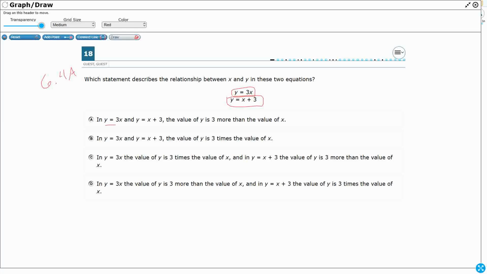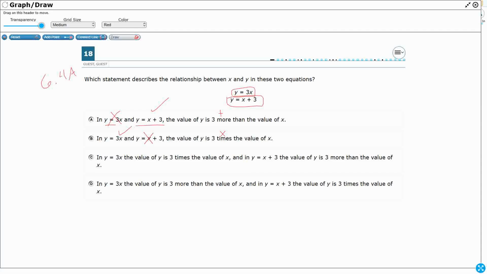In y equals 3x and y equals x plus 3, the value of y is 3 more. That's 3 plus. And that's incorrect. It's good for this one, but incorrect on that one. In both of these, the value of y is 3 times, so that's 3 multiplied by x. And it's not good for this one, but it is good for this one. So it's either going to be C or D, but let's see which one explains it correctly.